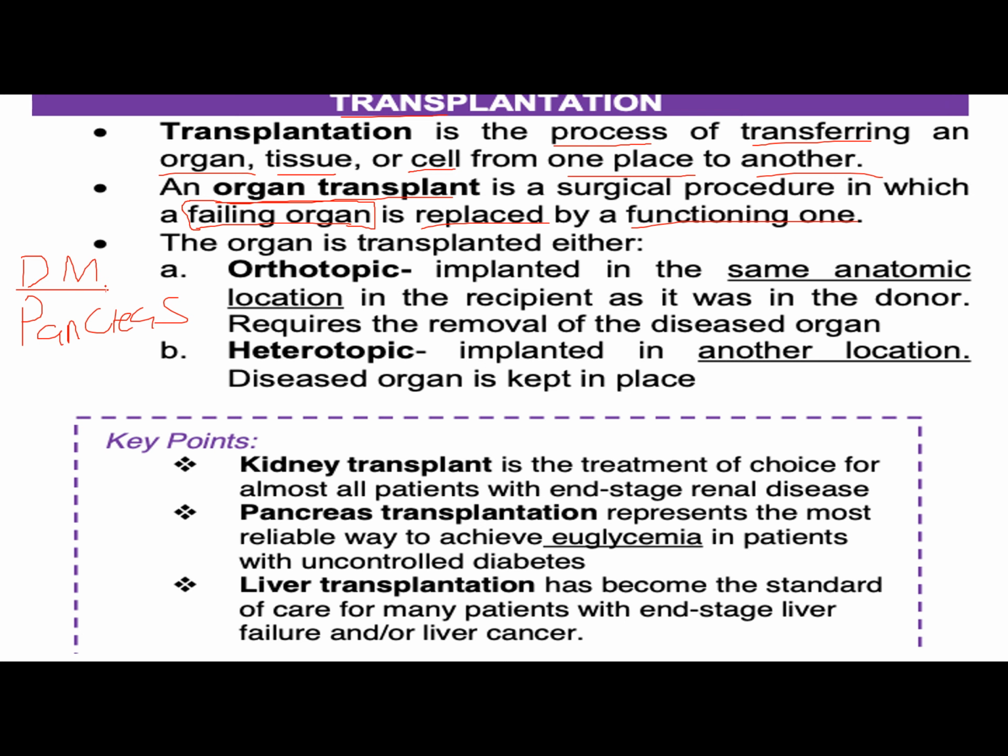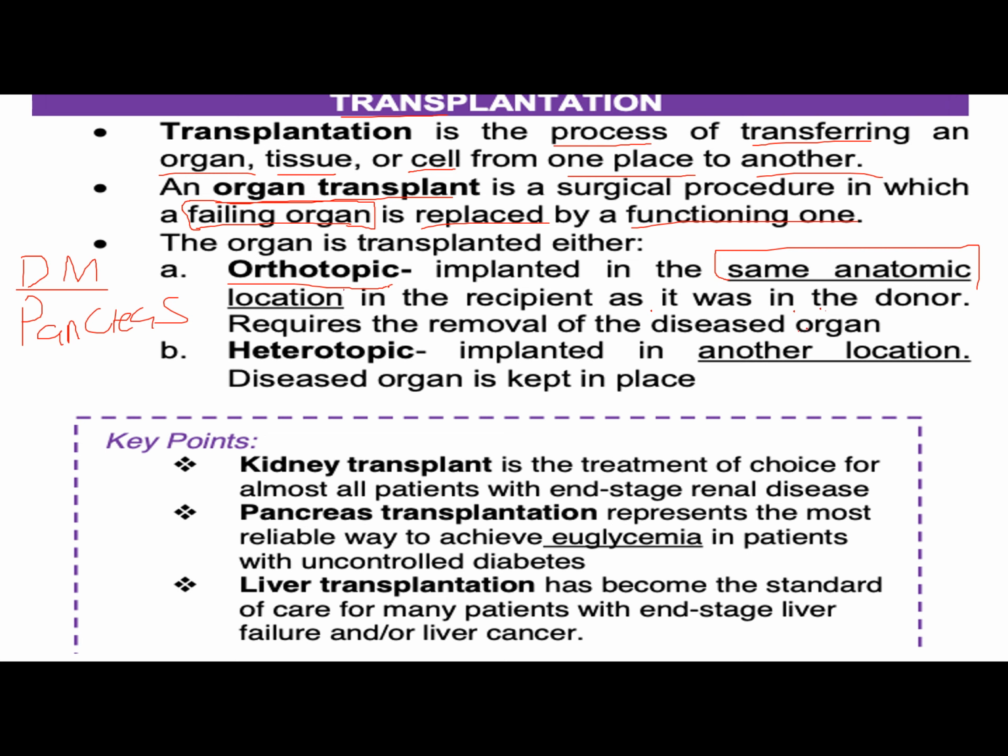Now, the organ is transplanted in two ways, class. The first way is known as orthotopic. When you say orthotopic, this is implanted in the same anatomic location in the recipient as it was in the donor and requires the removal of the diseased organ.